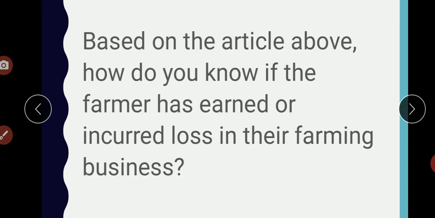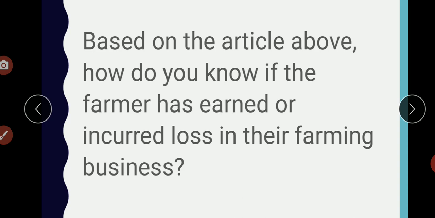Okay? So how do you know if the farmers have earned or incurred loss in their farming business? So just deduct the price of the 5,000 kilograms to your capital, or to your expenses.